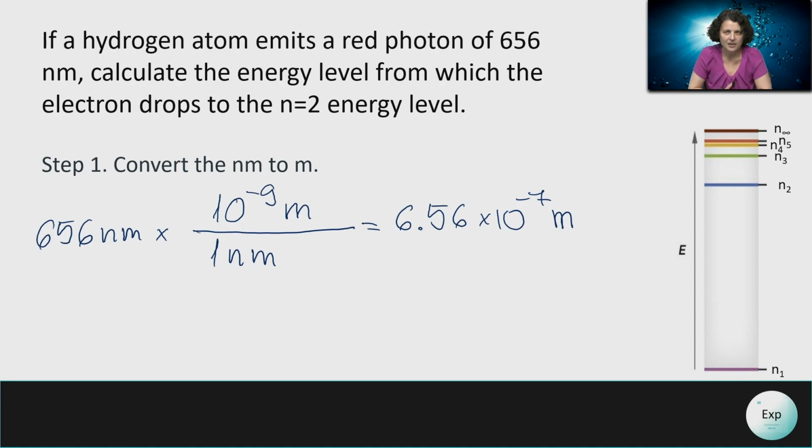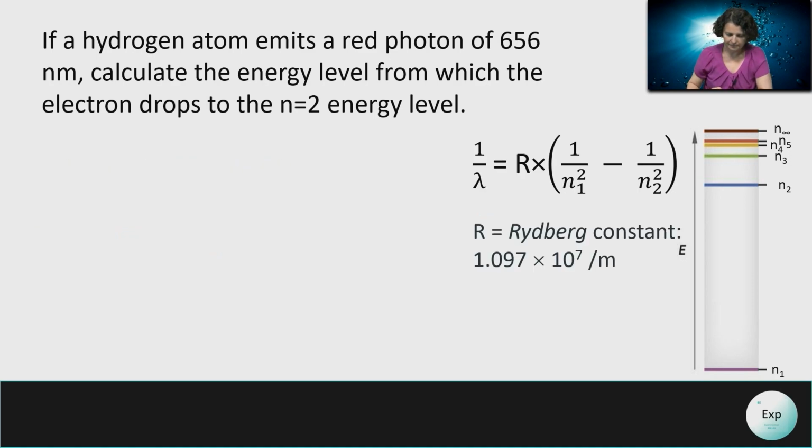Once we have this number, we are ready to move into our Rydberg's expression. So in step 2, we're going to calculate n2 if we know that our lower energy value is n1 equals 2.